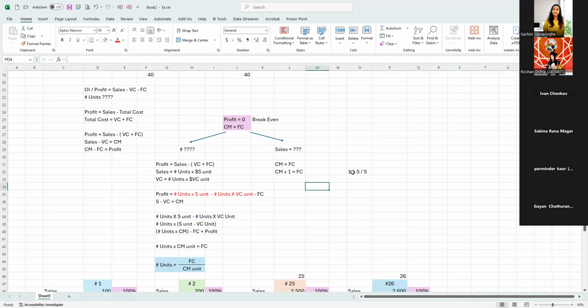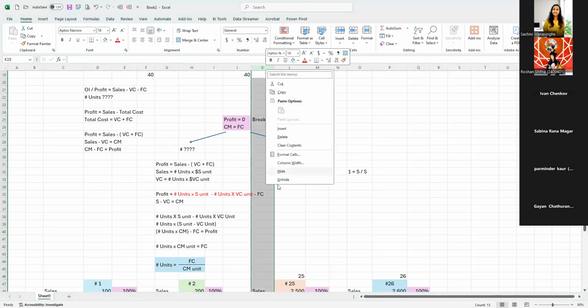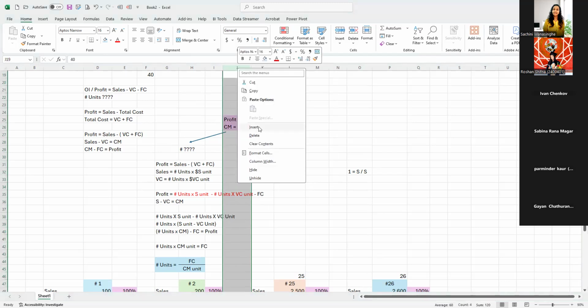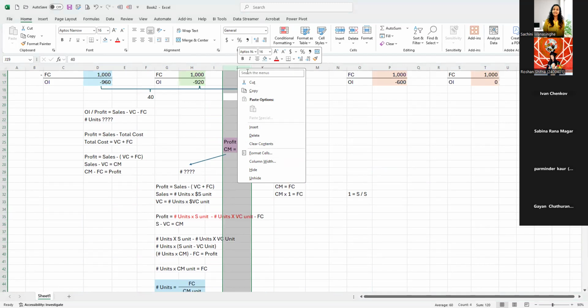If my sales are $5 and I divide by $5, how much is the result? 5 divided by 5? 1. 10 divided by 10? 1. So we already know that a number divided by the same number is going to give you 1. But if you multiply that 1 by the contribution margin, that doesn't change this formula. So using that logic, let's leave one new line here.